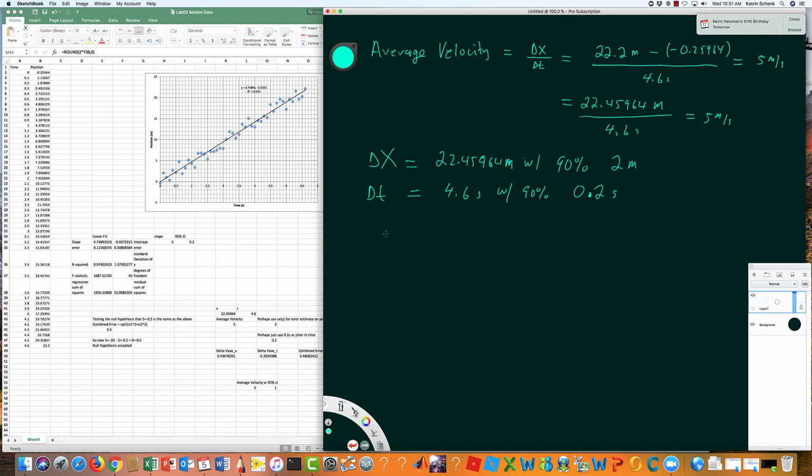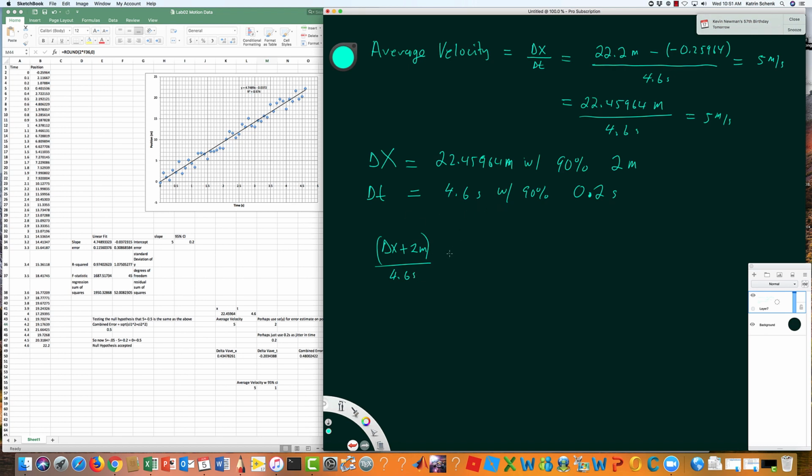Well, it's pretty simple. I can ask what happens when instead of using just delta x, I use delta x plus 2 meters. Plus or minus 2 meters, and I'm just going to use plus. So I'm going to say delta x plus 2 meters over time, where now I'm not including jitter in time, I'm just leaving the time alone.